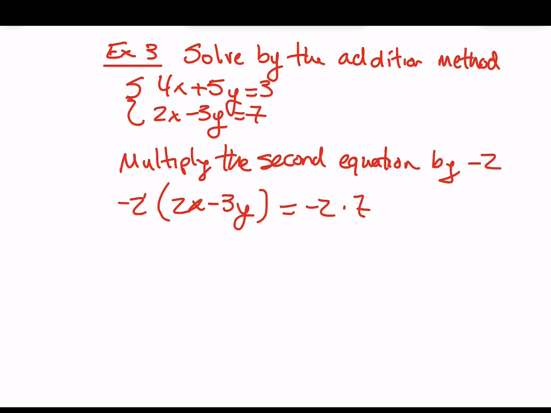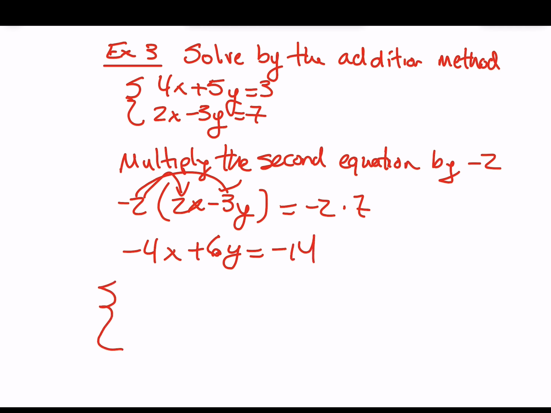And on the right-hand side is negative 2 times 7. Negative 2 times 2x is negative 4x. Negative 2 times negative 3y is plus 6y. And negative 2 times 7 is negative 14.